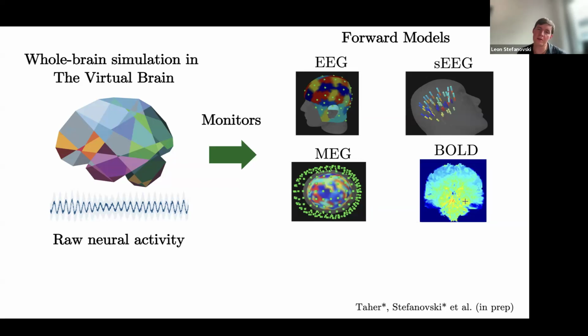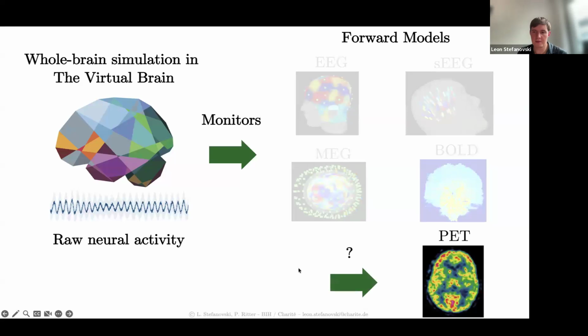Usually we simulate EEG or fMRI or maybe MEG, but we thought maybe we can also simulate something a bit closer to the metabolism of the brain, and thought about glucose PET, especially because in contrast to fMRI, glucose PET, also FDG PET, is actually used in clinical routine.